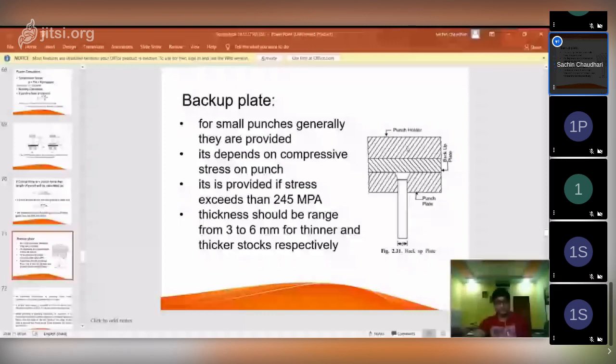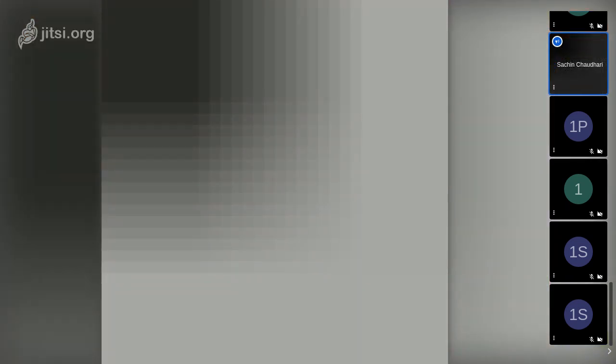If the stress does not exceed 245 MPa, then there is no need to use the backup plate. This is an important key parameter when considering whether to use the backup plate or not.